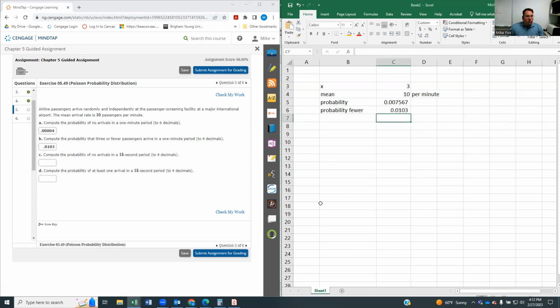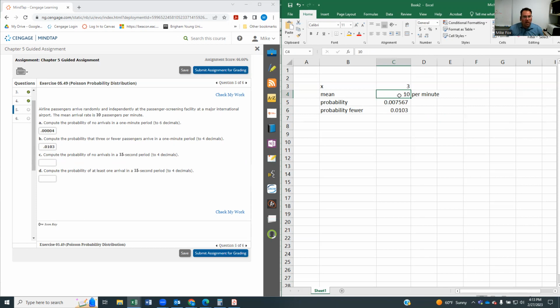All right, so C and D can get a little confusing, because remember, the mean we're given up here is 10 per minute, but this one says compute the probability of no arrivals in a 15-second period. They trick us here, so we have to reset our mean to a 15-second interval.